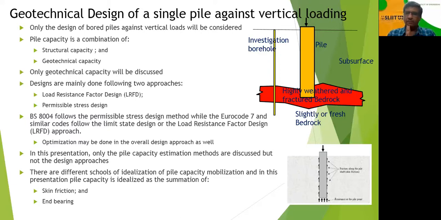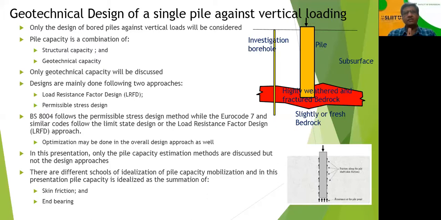There are a few schools of thought. Some people say that the capacity can be estimated using the skin friction and end bearing, and some people say it is a combination. You cannot talk about the skin friction and end bearing separately, because one depends on the other.